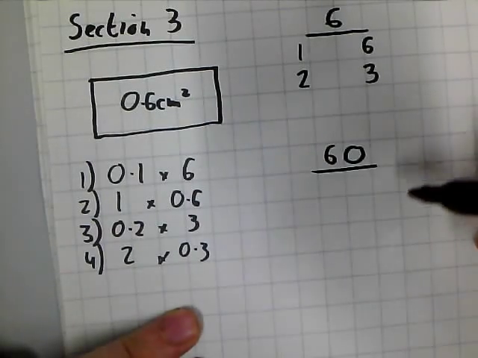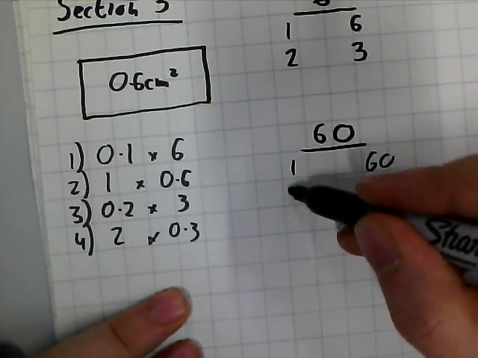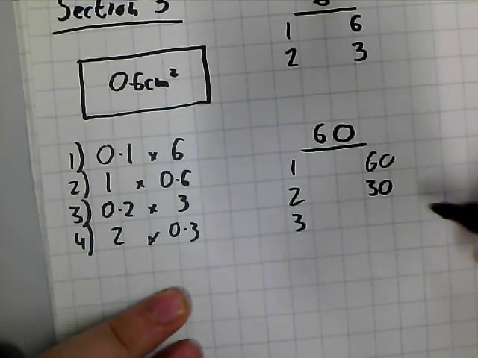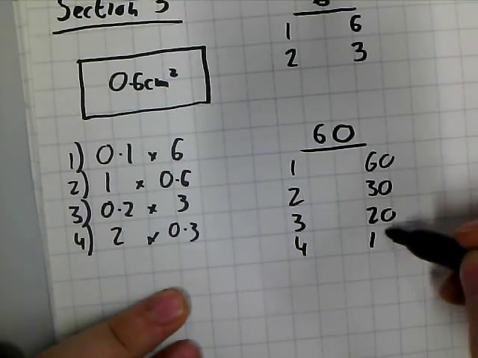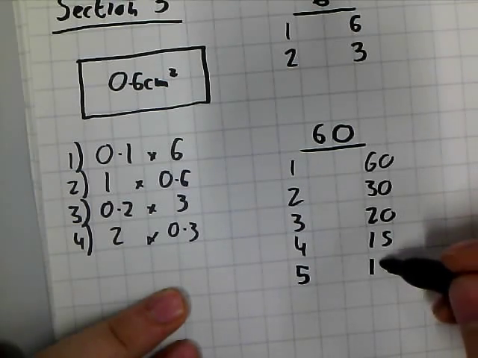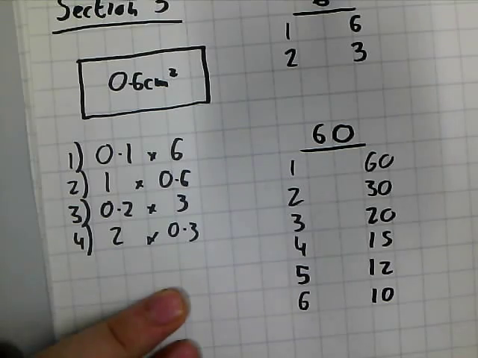So my factors of 60 are 1 and 60, 2 and 30, or 3 and 20, or 4 and 15, or 5 and 12, or 6 and 10, and that's all of them.